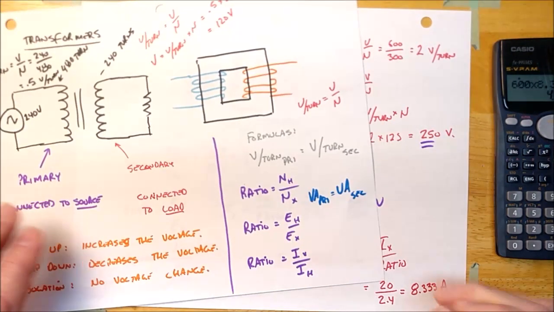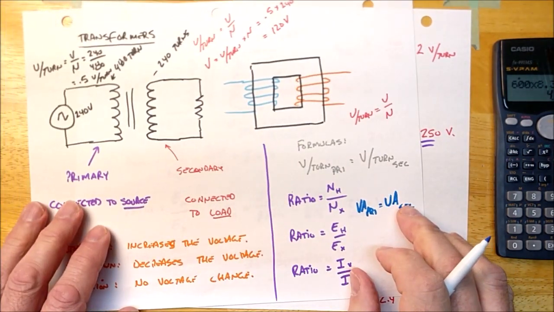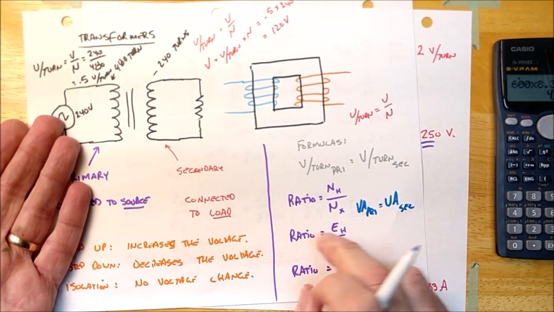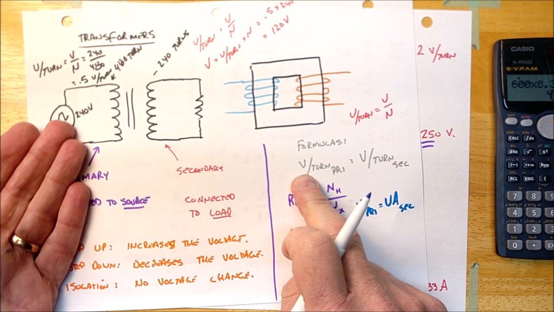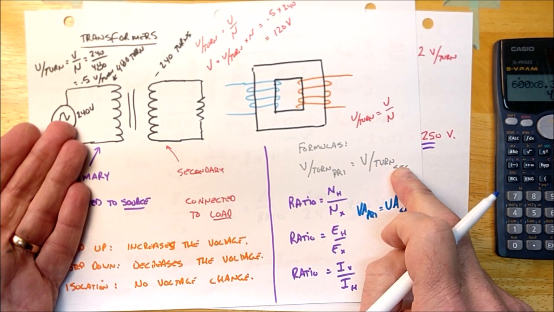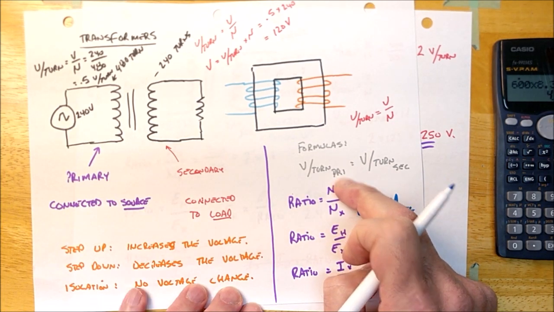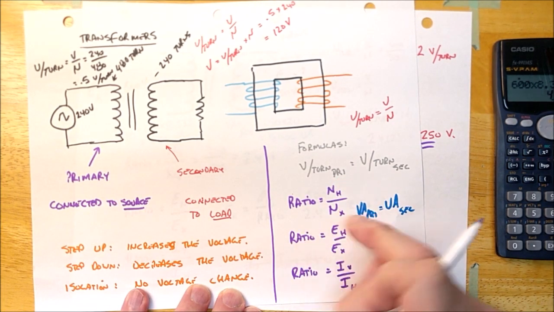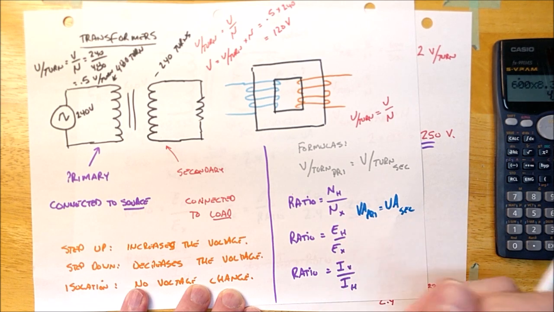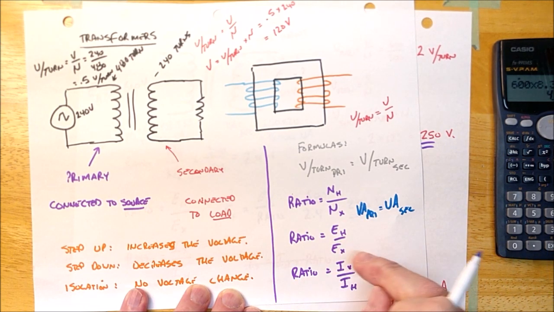All right, guys. What do you need to know about transformers? Well, you need to know that the volts per turn on the primary is going to equal the volts per turn on the secondary. That the ratio is going to be the high voltage turns over the low voltage turns. It's also going to be the high voltage over the low voltage. And it's also going to be the high current, which is why we call it Ix.